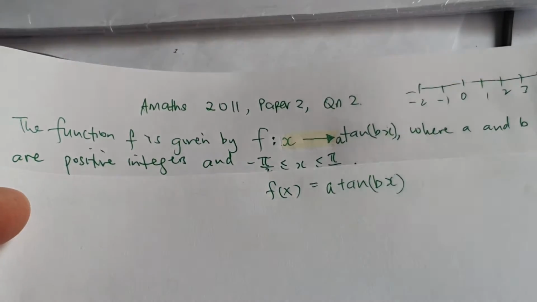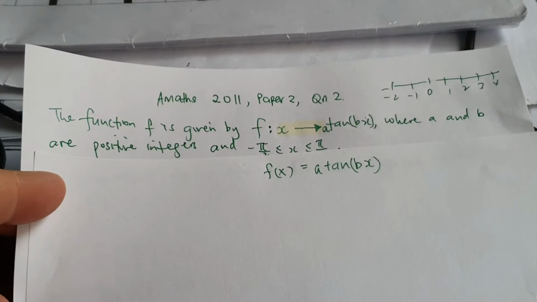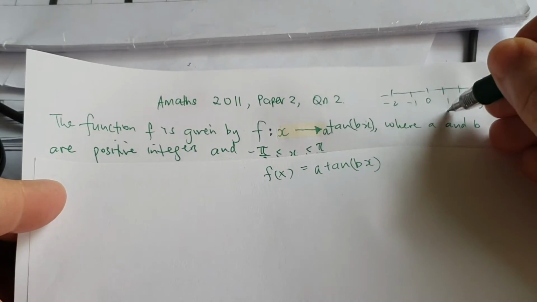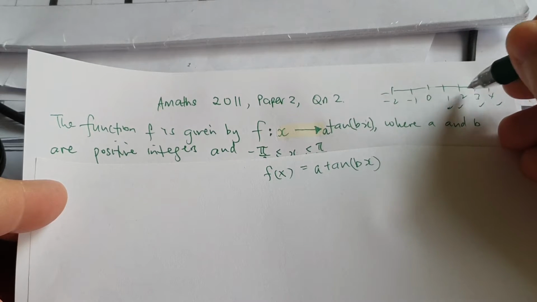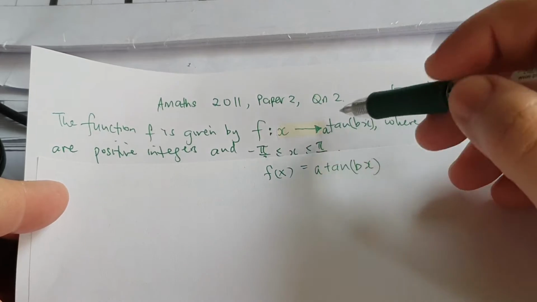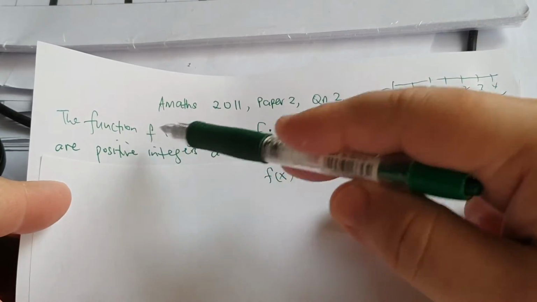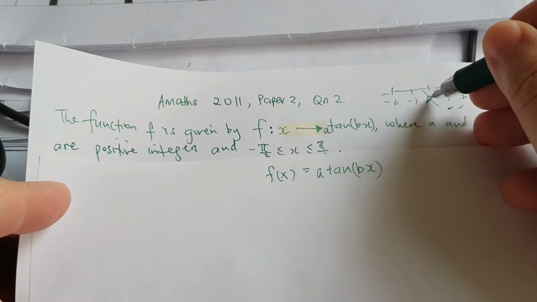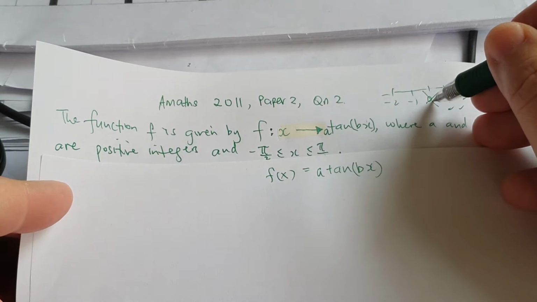Positive integers means the numbers must be positive, and they're very nice numbers, no fractions, no decimals. A positive integer cannot be 0, because 0 is neither positive nor negative.